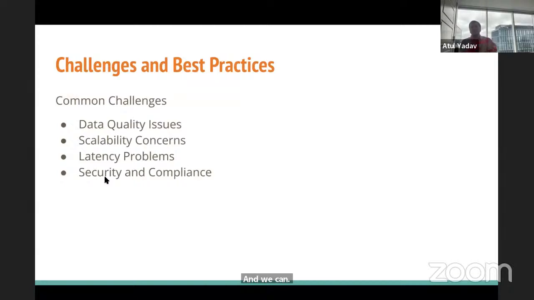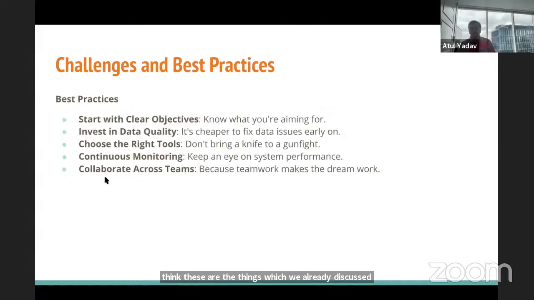We have already talked about the challenges and best practices, and since we are running out of time: data quality issues, which I discussed, scalability is a concern, and the latency and security compliance. These are the things we already discussed in the conversation, so I will not go into them again. And the best practices I've already talked about: invest in your data quality, choose the right tool, do continuous monitoring, and collaborate with the different teams.